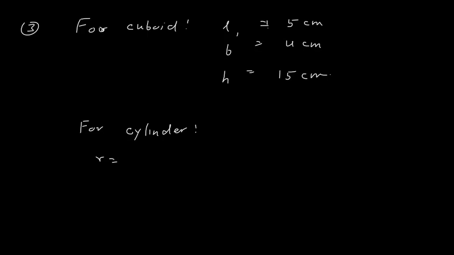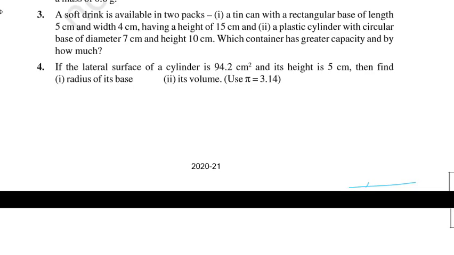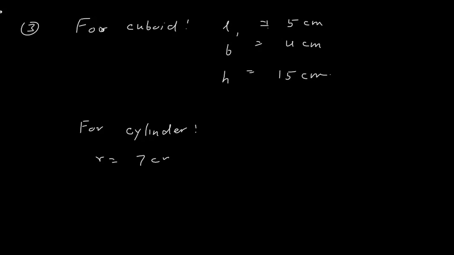Okay, so for cylinder, radius is 7 centimeter and height is 10 centimeter. I will use a capital H. Now it is simple. First I will calculate volume of cuboid.